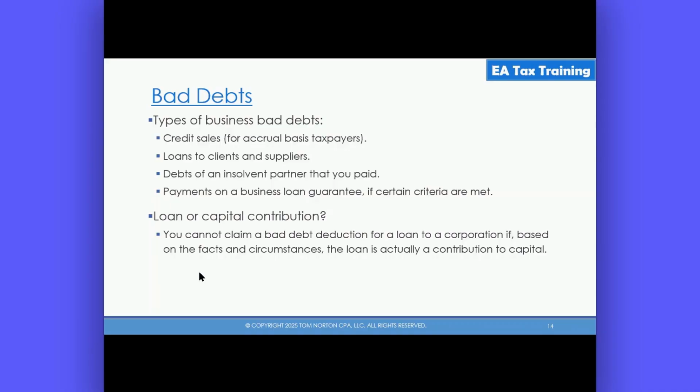When you are dealing with related parties, you want both. You want to make sure the substance is actually what you are saying that it is, and you want to have the form so that if anybody looks at the paperwork, they can see that, okay, they are handling this in a business-like manner. But if you are pretending that a contribution to capital is a loan, then you cannot write off that loan. That's what this is saying. If it was a capital contribution, then it was a capital contribution, and you cannot write that off.